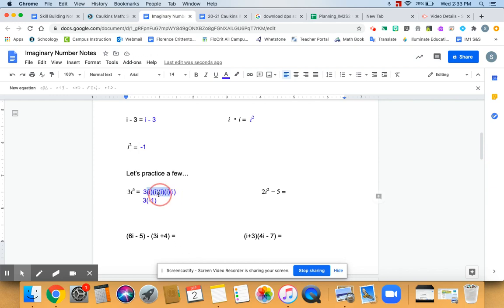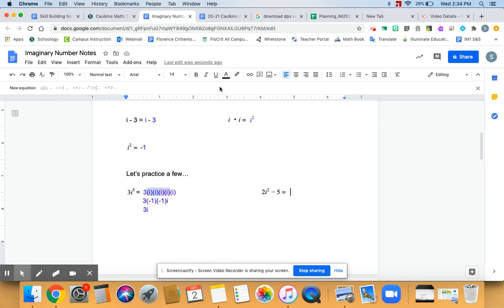The next i times i will also combine and turn into a -1. This last i is alone. It doesn't have one to combine with. So I just write i at the end. So now to finish my math up, 3 times -1 is -3. Times -1 again goes back to being +3. And then this i is at the end. So if I was told to take this and simplify it to write an equivalent expression that's the same, but simpler, 3i is the same as 3i to the power of 5 because of this rule right here.